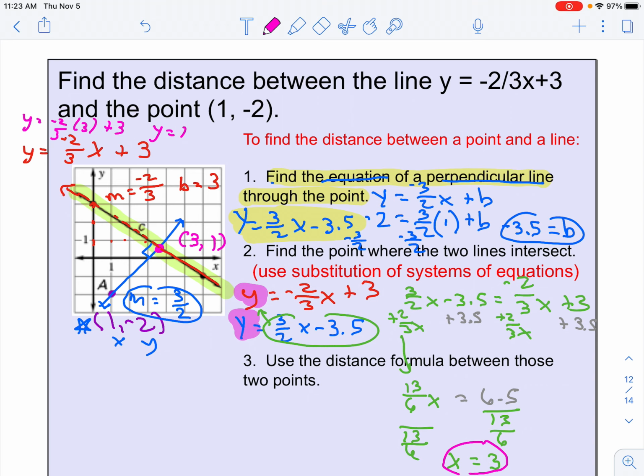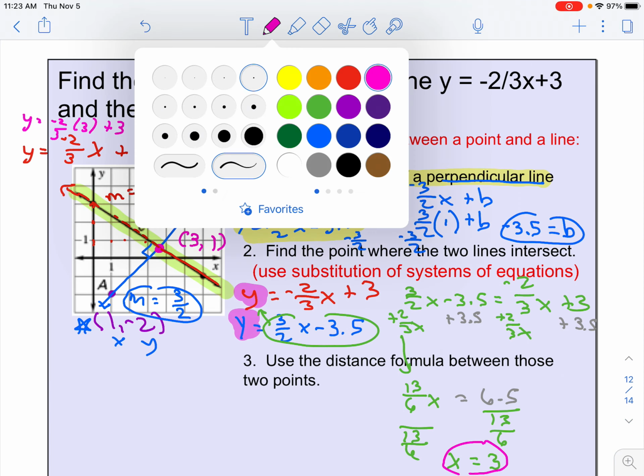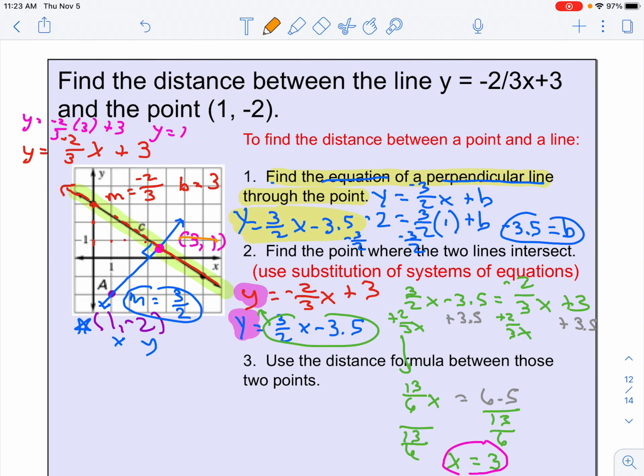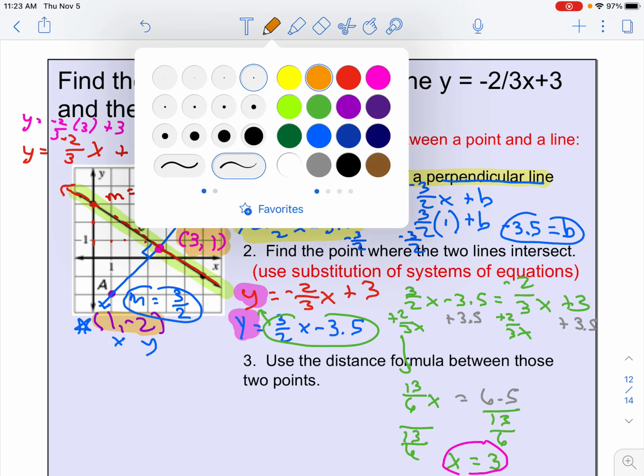So now I have the two ordered pairs I need to use the distance formula on. Oops, that was supposed to be highlight, sorry. So I have this ordered pair right here and this ordered pair right here. So now I can find the distance between those two points. And now it's just plugging and chugging in the distance formula. And if you do that, it ends up to be 3.6 units.